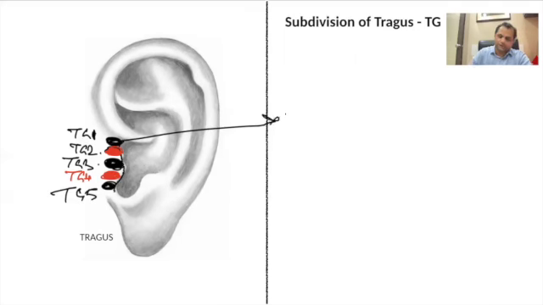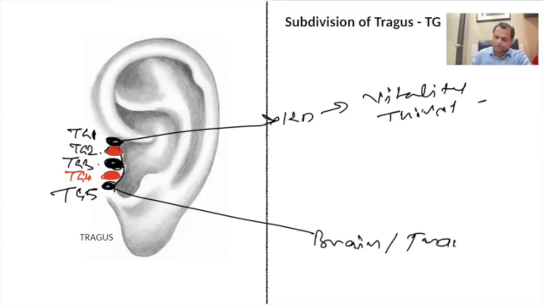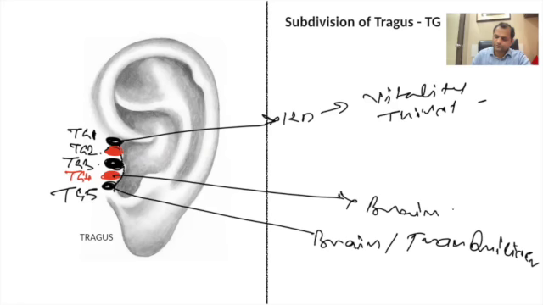Tragus 1 is connected to the kidney. So we are calling it the point of vitality, the point of thirst. Tragus 5 is connected to the brain. So we are calling it the tranquilizer point. Tragus 4 is connected to the brain. So we are calling it the nicotine point. Nicotine is connected to the brain and secretes dopamine.